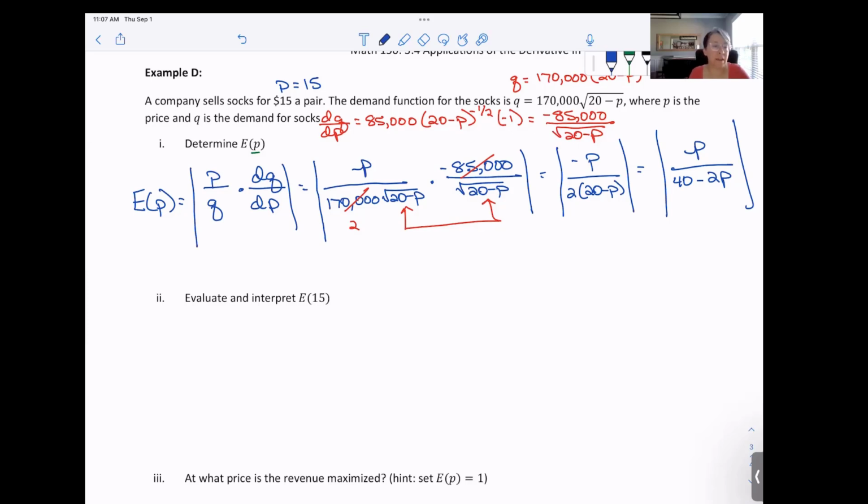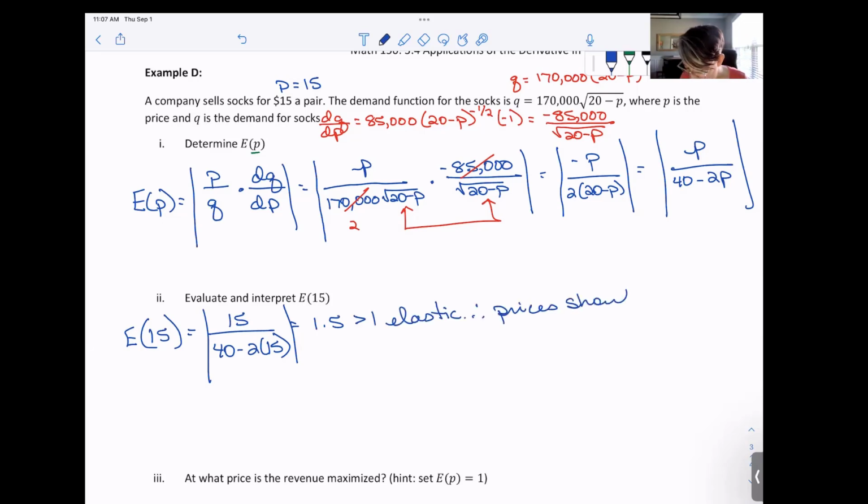Now they're wanting us to plug in that 15, that price that they gave us. E of 15, we can just use that guy, 15 over 40 minus 2 times 15. So that would give us 15 over 10, which would give us a 1.5. Now, that guy's greater than 1, so it is elastic.